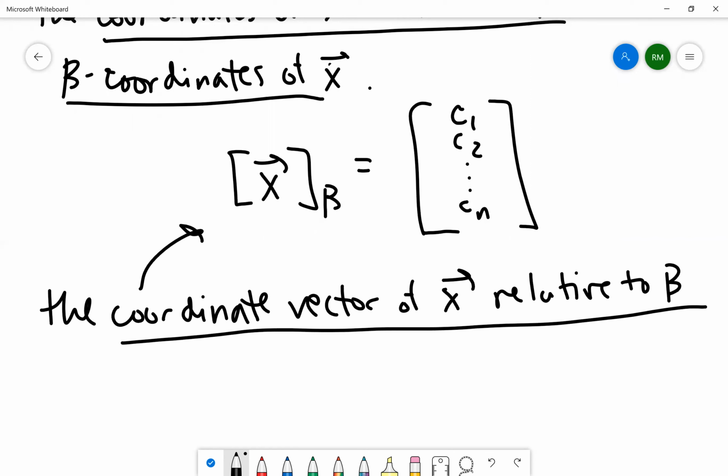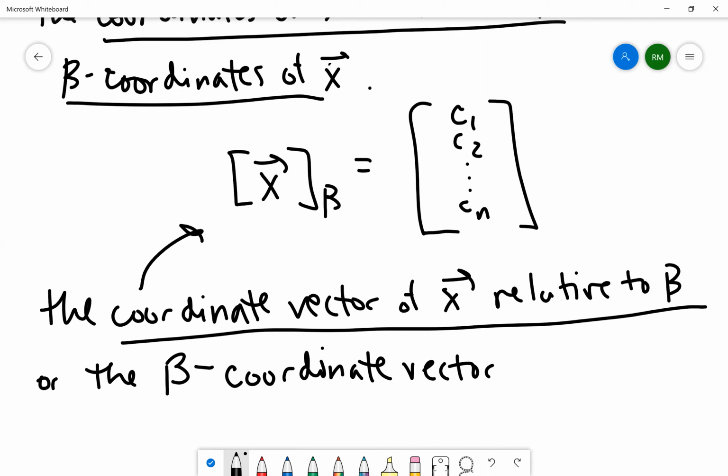Or we might call it the beta coordinate vector of x. So that's what we call this vector that contains those coefficients C1 through Cn.